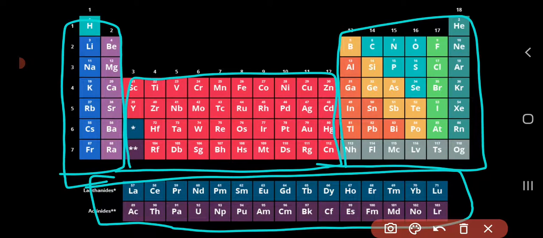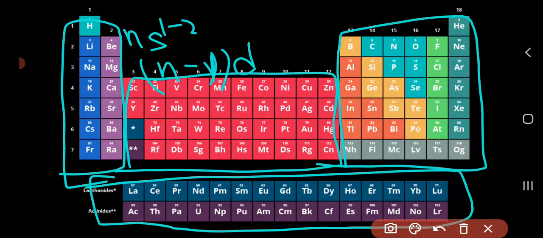The total periodic table is divided into 4 blocks. S block means the last electron enters the s subshell only; the general configuration is ns1 to 2. For the D block, the last electron enters the d subshell: (n-1)d1 to 10, ns1 to 2.